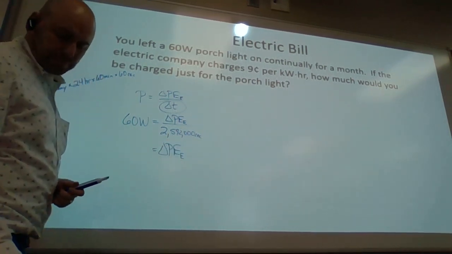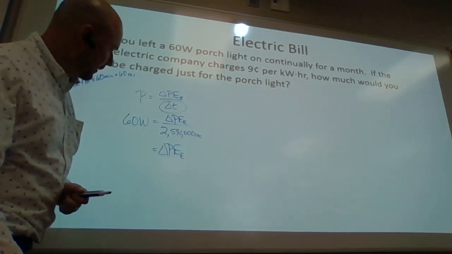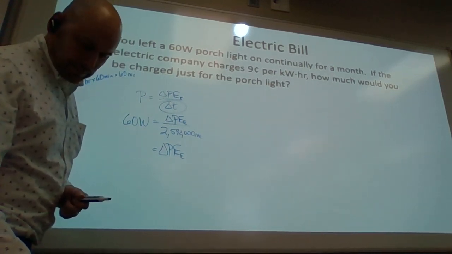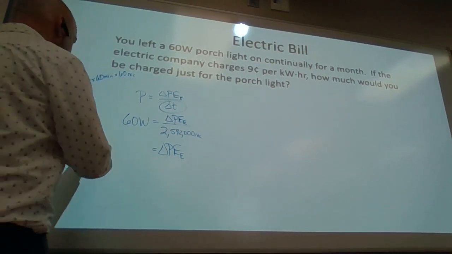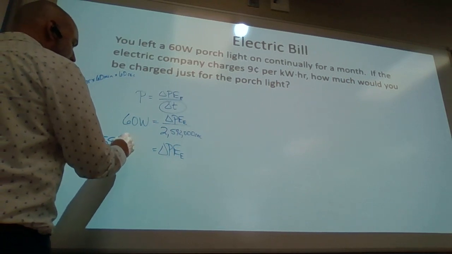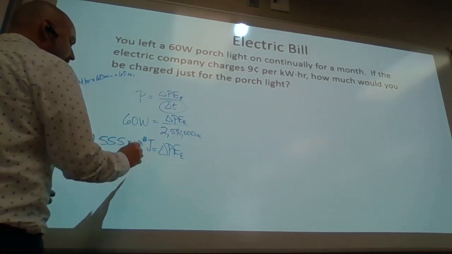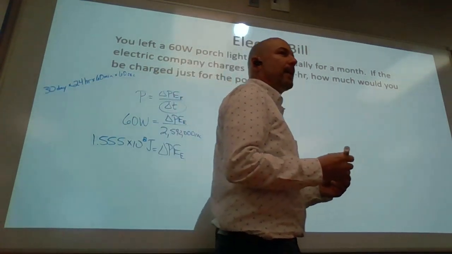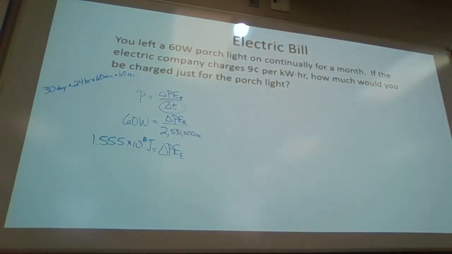So the electric potential energy that we dissipated is that times 60, which is 1.555 times 10 to the 8th, about 155 million joules for one light bulb. That is an obnoxious number.